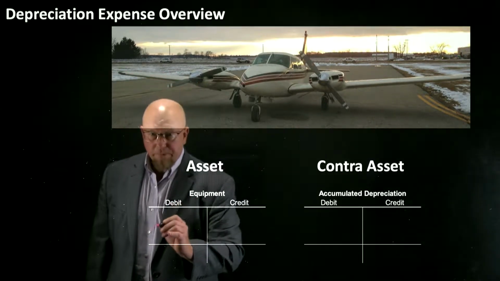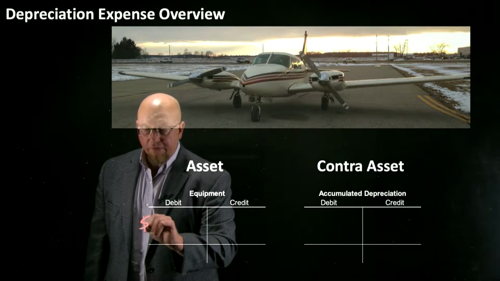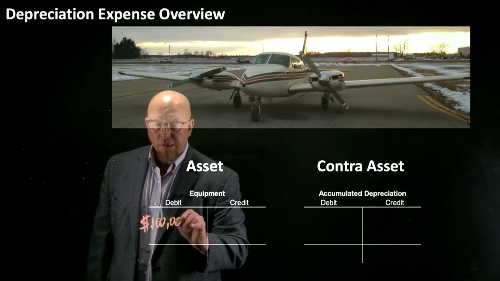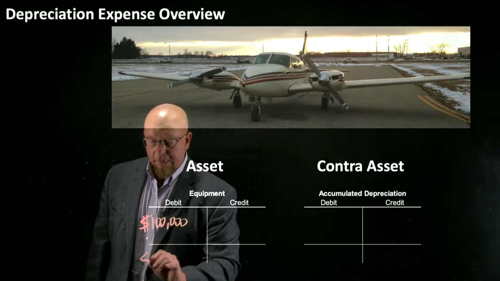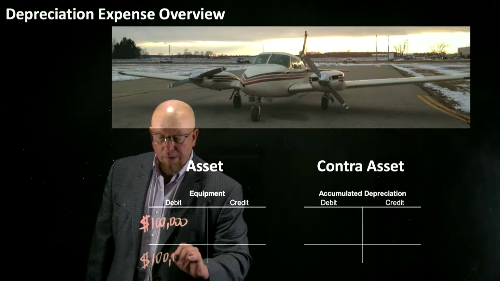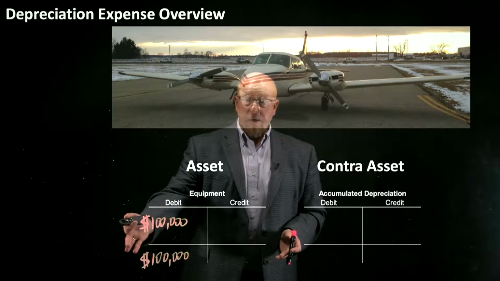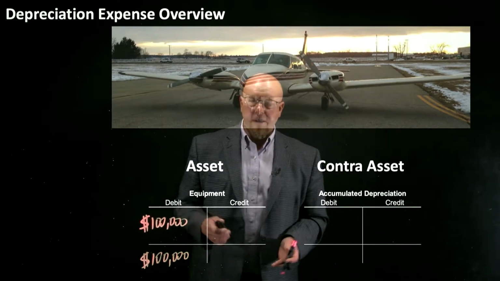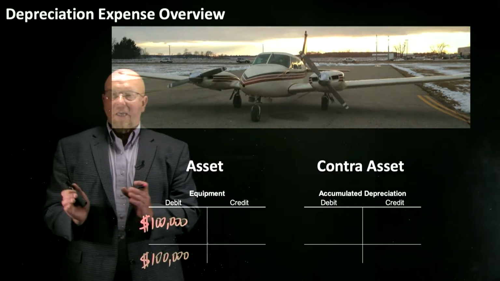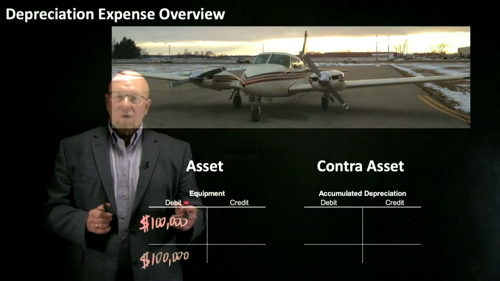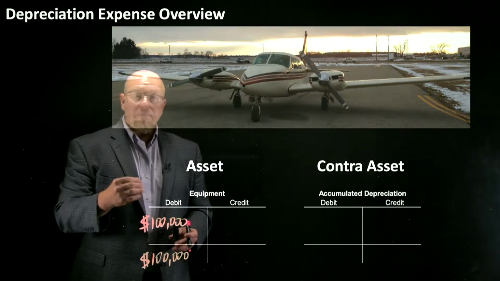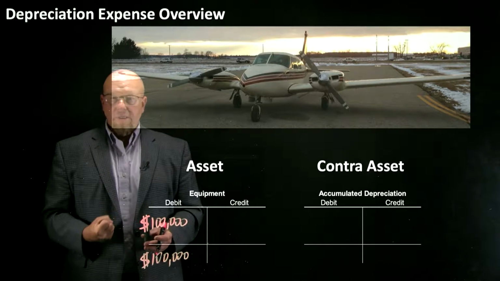So with this particular asset, we may have the airplane's cost recorded in this equipment account. Remember, equipment is an asset, so it has normally a debit balance. So we've got a $100,000 asset on the balance sheet. As we allocate that asset to future periods, what's going to happen is the net book value of this asset will decrease.